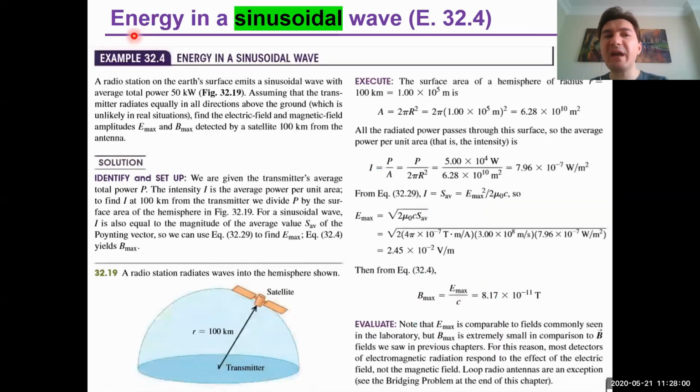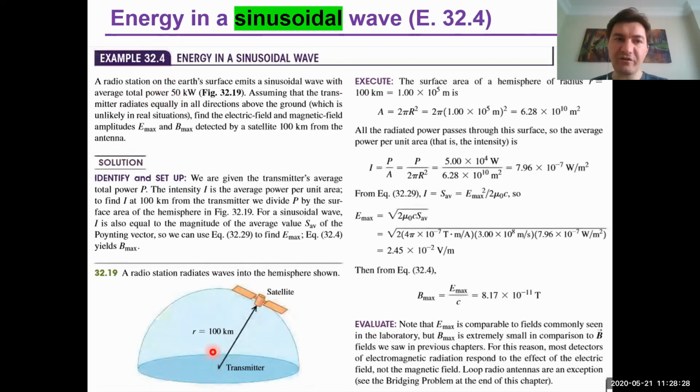And what about the energy in a sinusoidal wave? A radio station, which we have also discussed during the last lecture, on the Earth, here we have a radio station, for example, Çamlıca Tower. There are many radio stations in Çamlıca in Istanbul. A radio station on Earth's surface emits a sinusoidal wave with average total power 50 kilowatt.